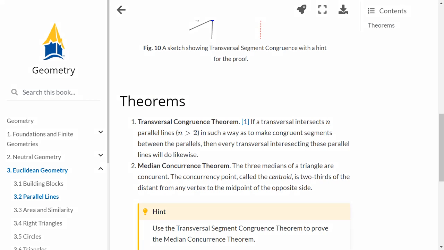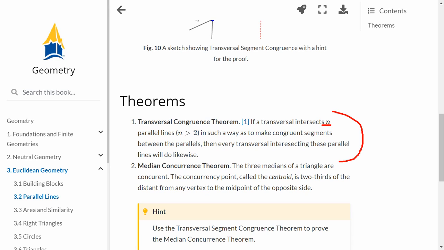The one we actually need is the transversal congruence theorem, which says that for any number n of parallel lines, and it turns out for the median concurrence we'll actually need 5 parallel lines, when they're cut by a transversal, and the line segments between the parallel lines are congruent, if that's true for one transversal, then it'll be true for any transversal that I can draw.